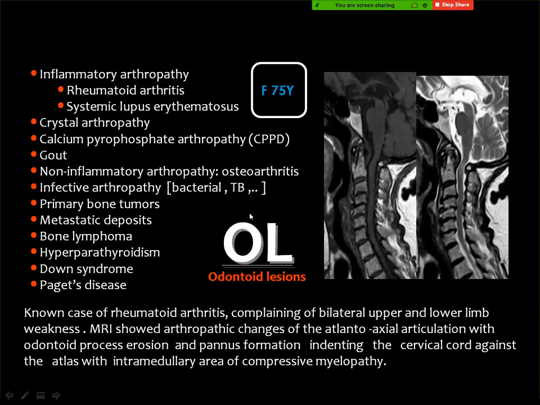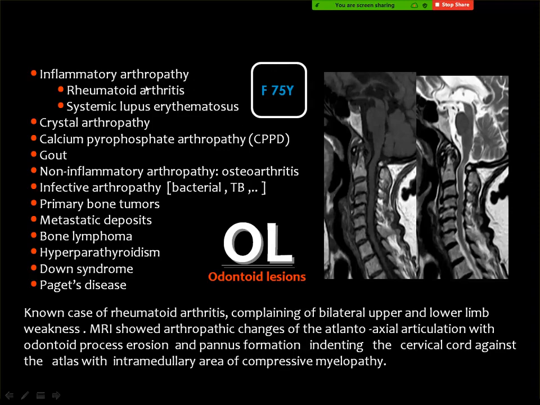And I should mention once more to look carefully at the region of the odontoid process while evaluating the cervical spine in the plain film, in the CT, and in MRI. These are the lesions that can produce abnormalities at the odontoid level.